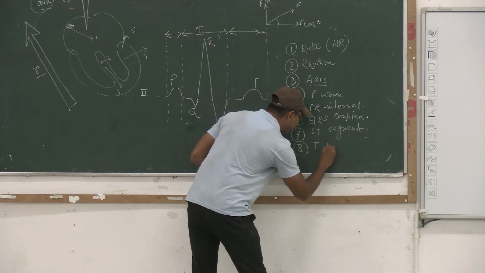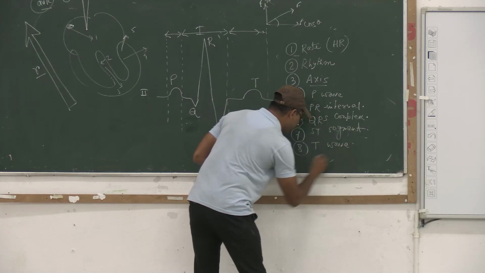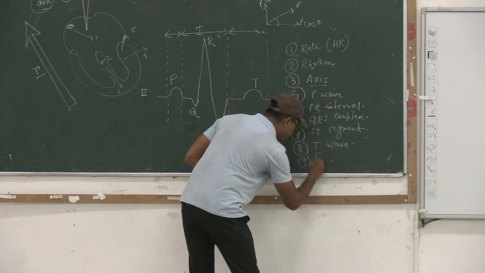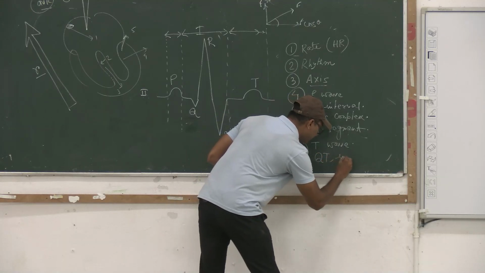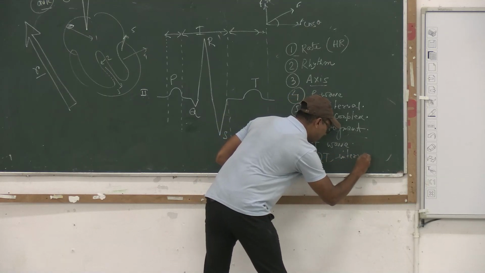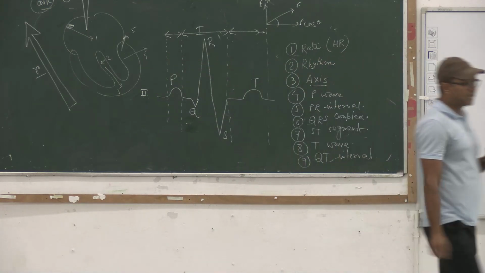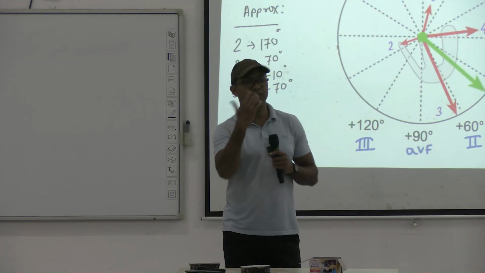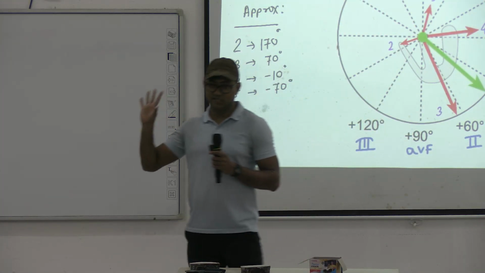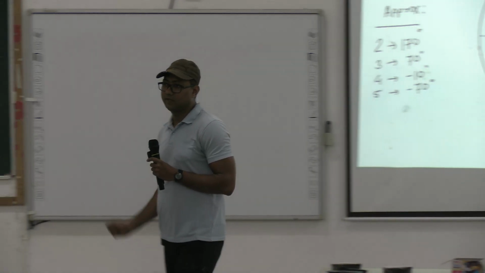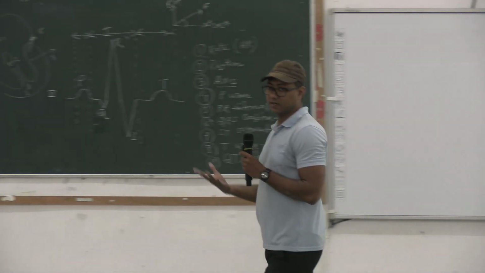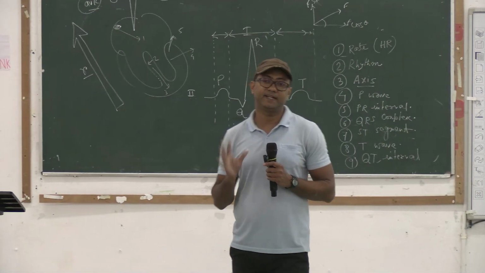Next, T wave. And number 9, QT interval. So these are the 9 points you need to check once you get an ECG of any patient, when we see or interpret an ECG.